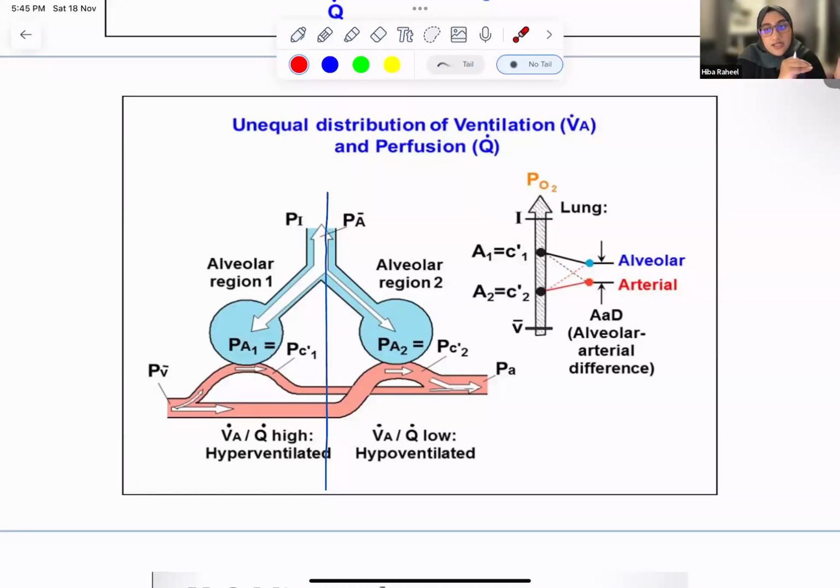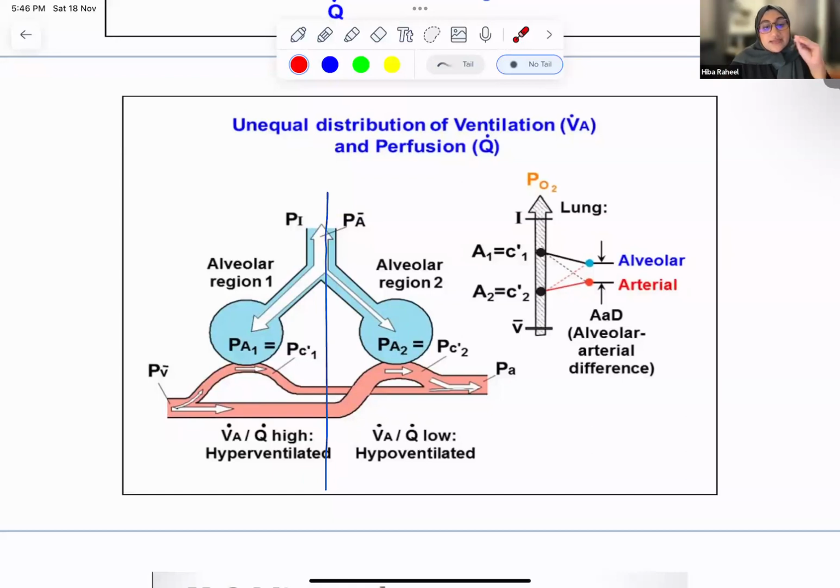Some alveoli will have high ventilation and low perfusion, and some places there would be low perfusion and high ventilation. It's all basically a mix, okay? The same goes for arterial PO2. Some places the arterial PO2 will be more perfused, so it would be higher than the alveoli.